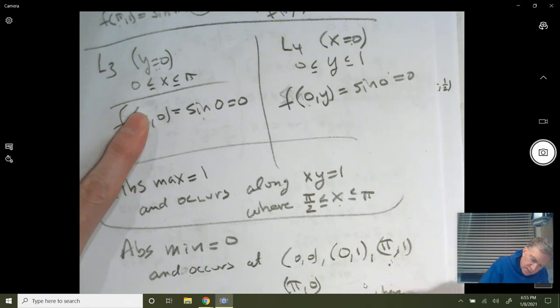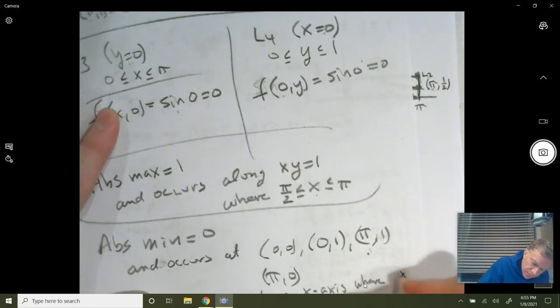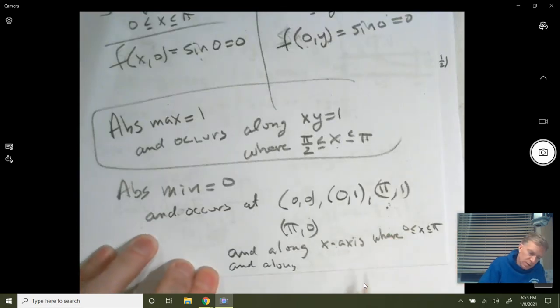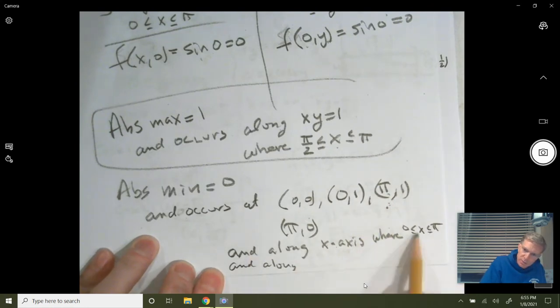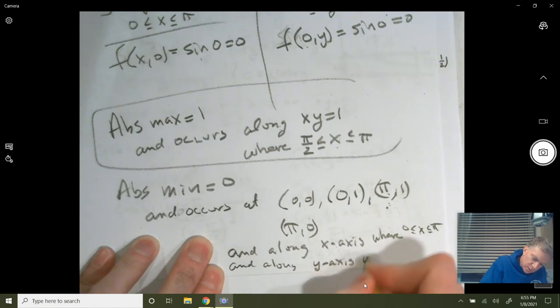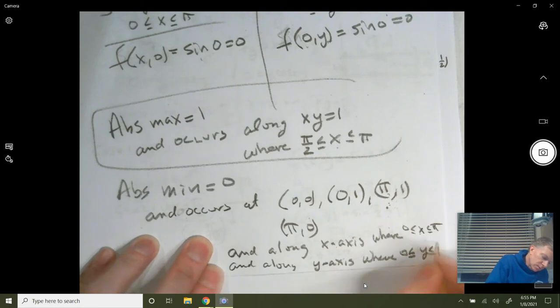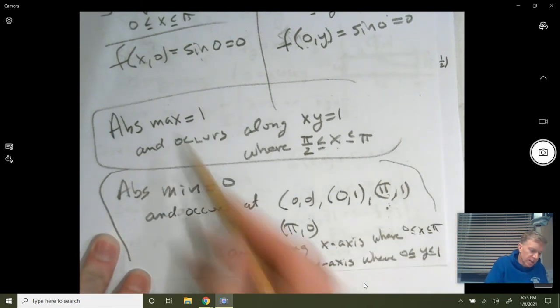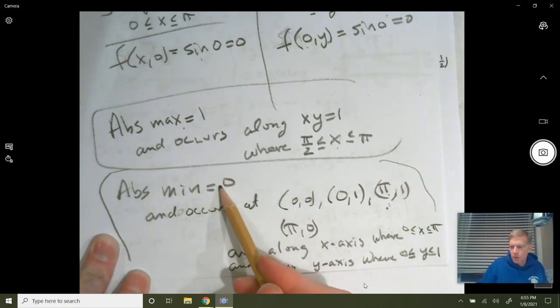So these 4 points, and along the x-axis where x goes from 0 to pi, and along the y-axis where y goes from 0 to 1. Okay, it's kind of a pain to write all that out, but you want to give the absolute max and the absolute min in all the places where it occurs.